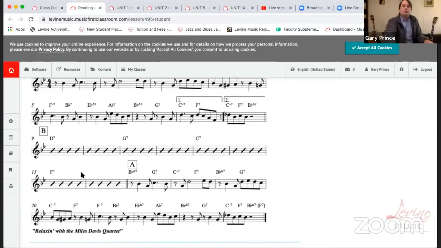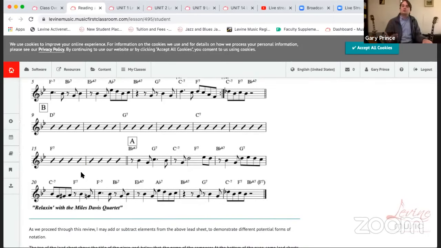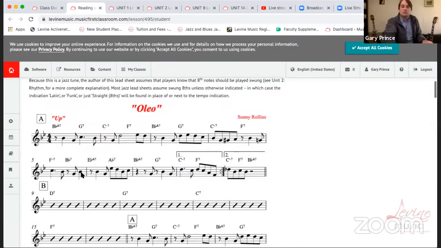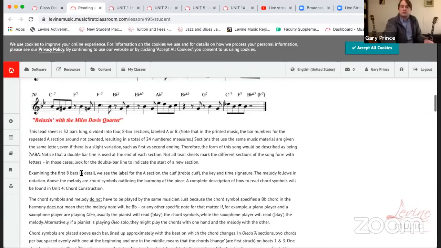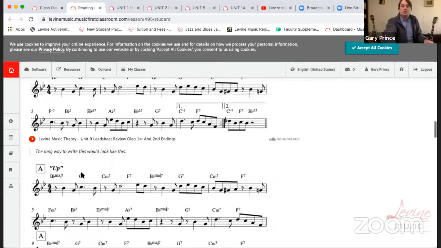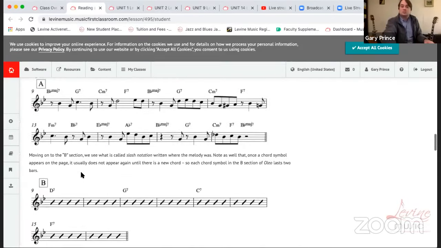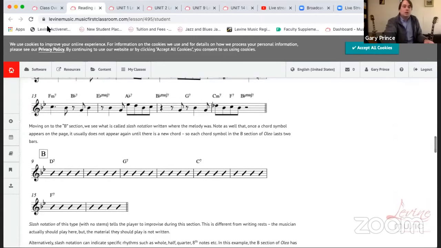So how to interpret these symbols for people who are more used to reading music where everything is notated, as is common in classical music, and even some big band music. It would be important to have this refresher to understand what you're looking at, because most of the course is going to use lead sheets. And again, lead sheets are the most common way in which jazz music is performed.